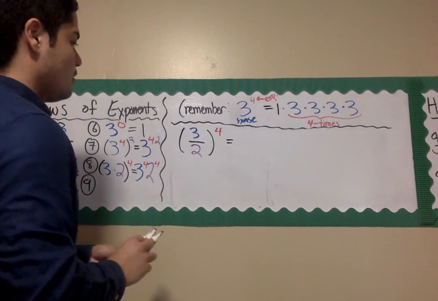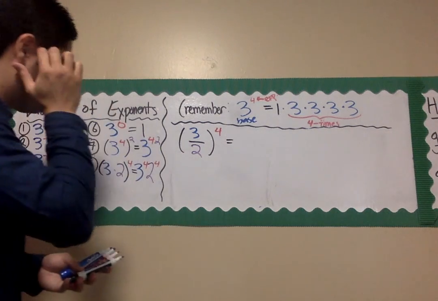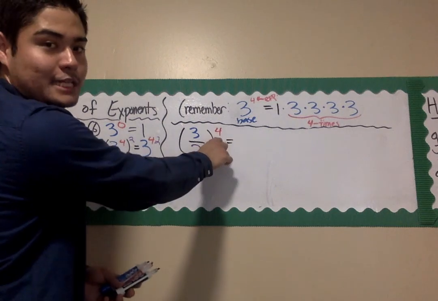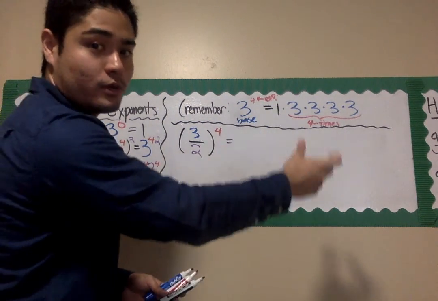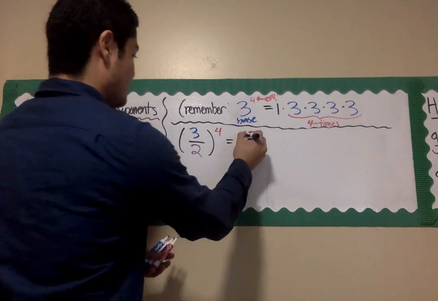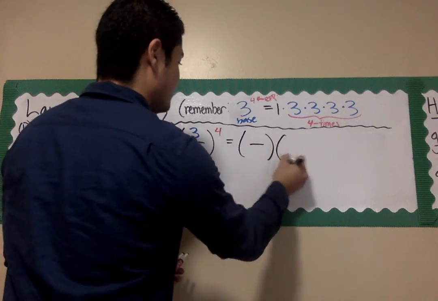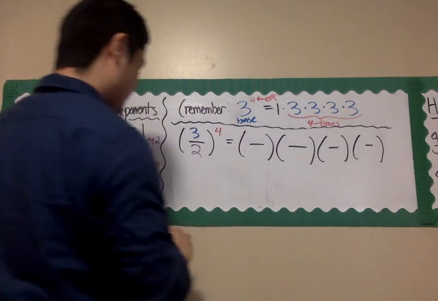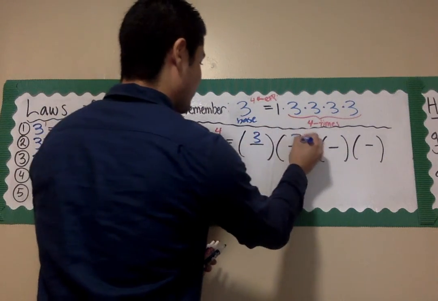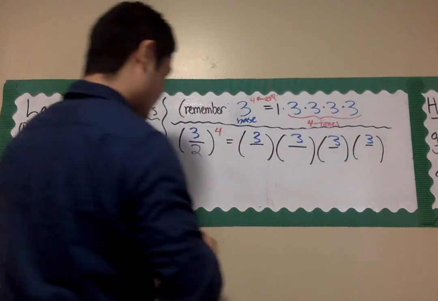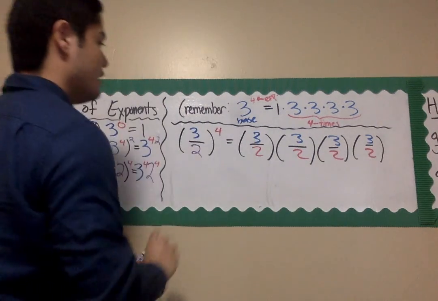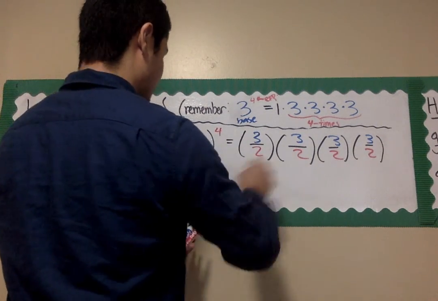Okay, well, I'm going to do the same idea. This 3 over 2, the exponent is 4. I'm going to multiply it 4 times. So 1, 2, 3, 4. 3, 3, 3, 3. All right, 3 halves and 3 halves. Oops.